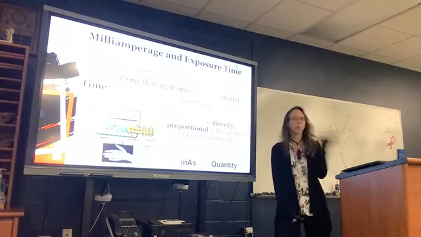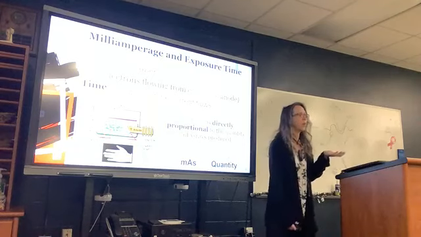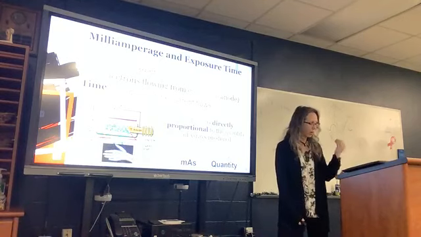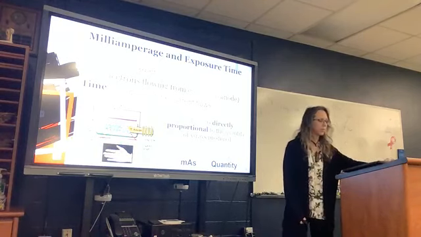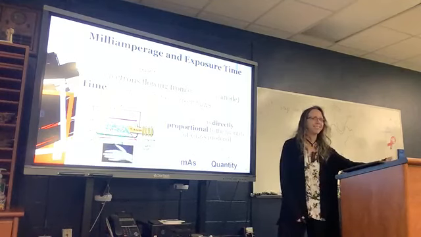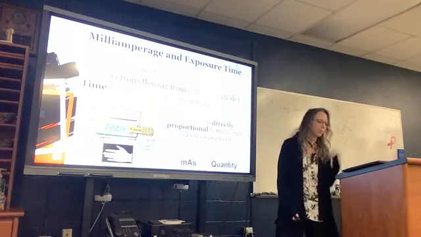I'm a big fan of just knowing half the amount of information. If I understand it this way, I think I can figure it out the other way. I think you can too, but I just want to get that brain working. So don't write down exactly what's on the screen. Read the page. I don't want you studying the wrong thing. If you have questions, please let me know.